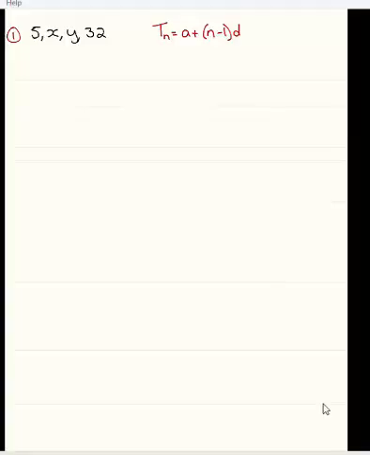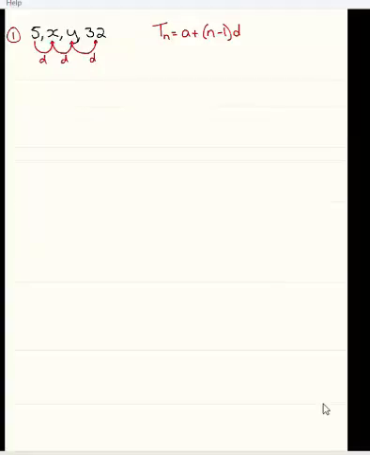If we're looking at that problem that I showed you in the first video, your first term is 5, and then you've got x and y, and then 32. What we need to look at is the fact that 5 is our first term, and when we go to x, we've added d, and then to get to y, we add another d, and then to get to 32, we add another d.